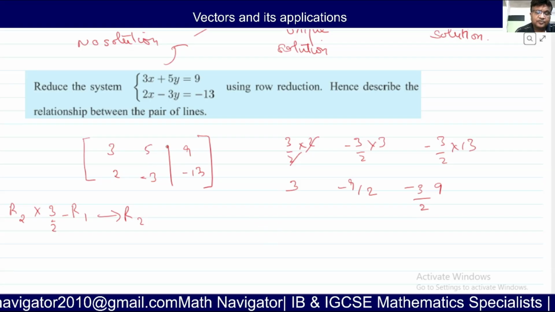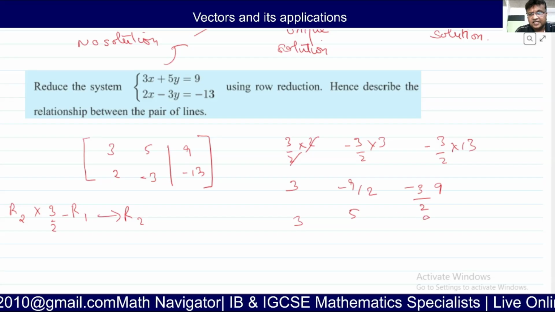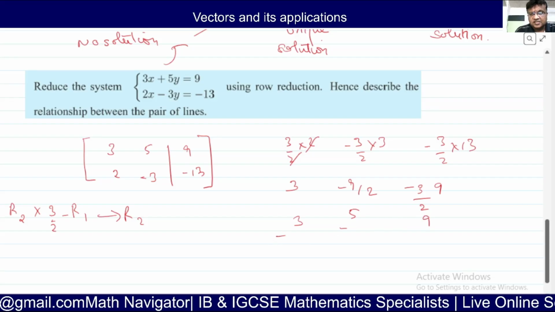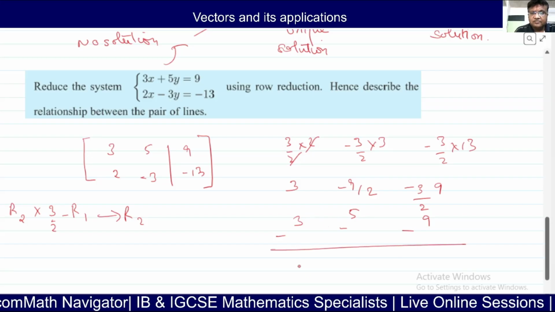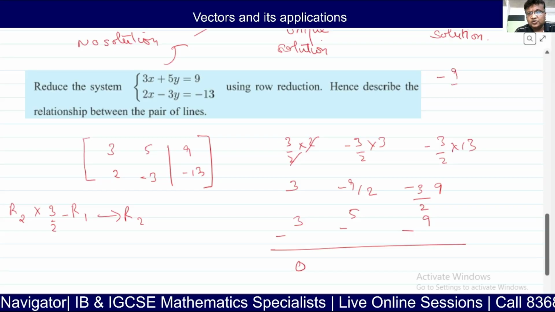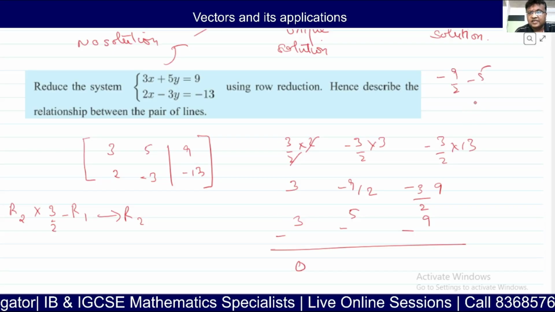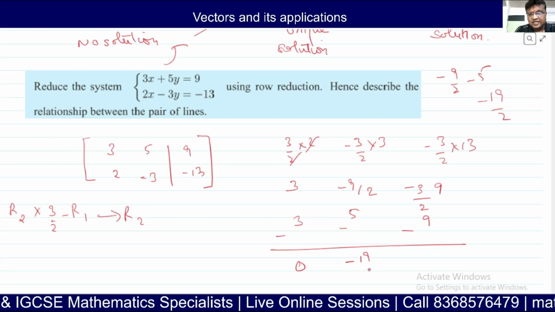And then we have to subtract this, so 3, 5, 9. So let's change signs, right? So this will give me 0, and this will give me negative 9 by 2 minus 5, which will give me negative 19 by 2.